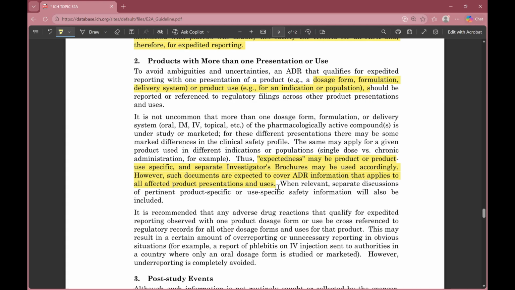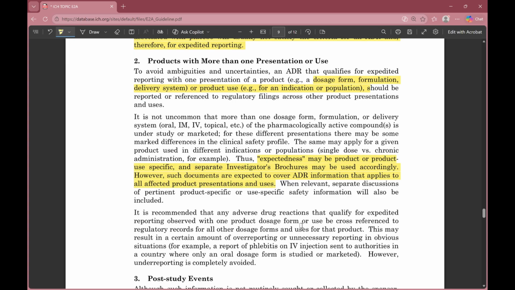Similarly, if the same drug has a tablet formulation, it can have various expected ADRs. So expectedness can be product or product use specific, and therefore there are separate investigative procedures that are used accordingly.